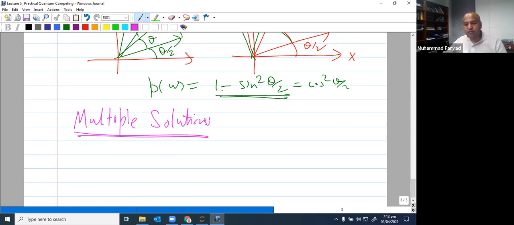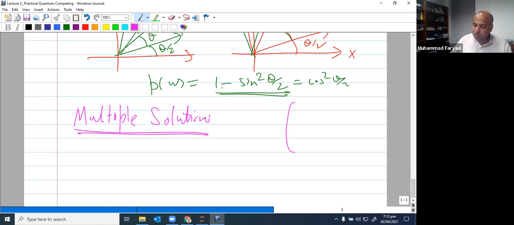If not, let me quickly, in a couple of minutes, describe what would happen if there is more than one solution in our database that matches our description. So it means that our UF operator will have multiple marked elements.